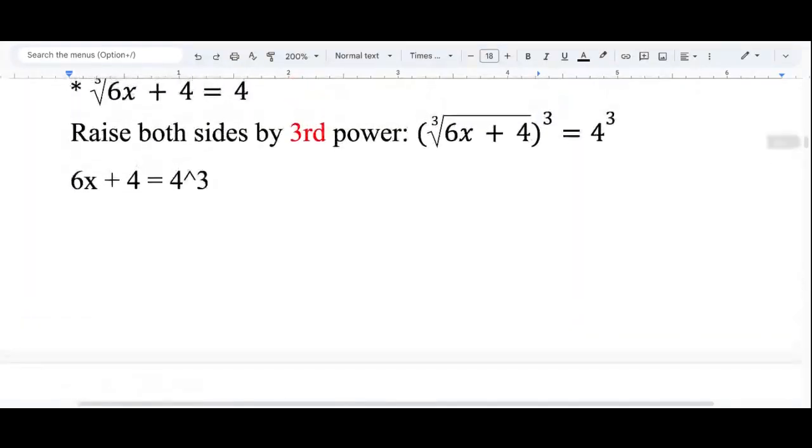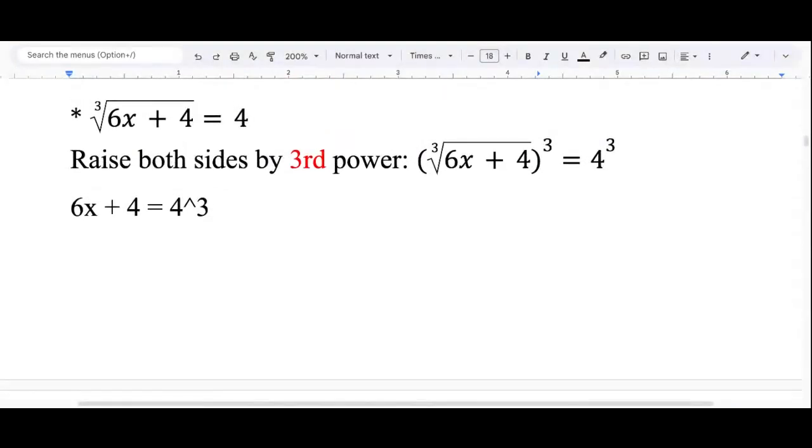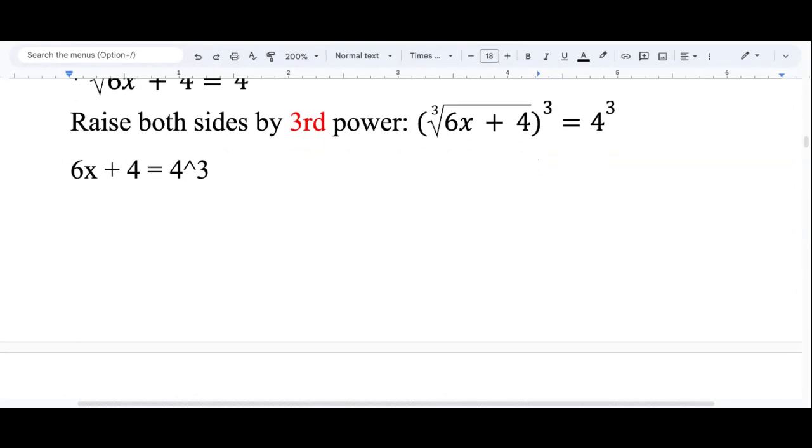Well, this one, we didn't square both sides, right? We did not raise it to an even power. So we don't have to go back to check. Only when we raise something to an even power, we change the negative to positive, so we have to go back and check.